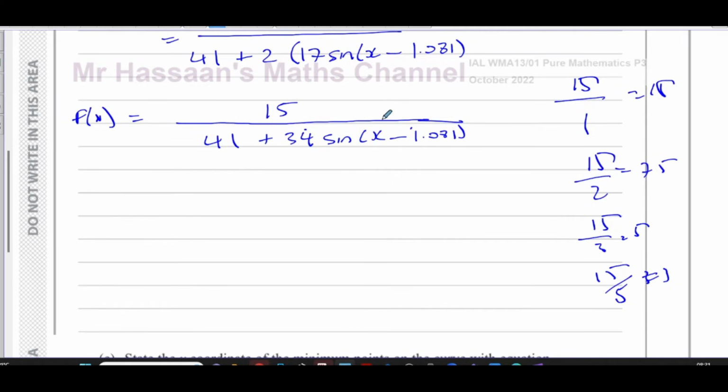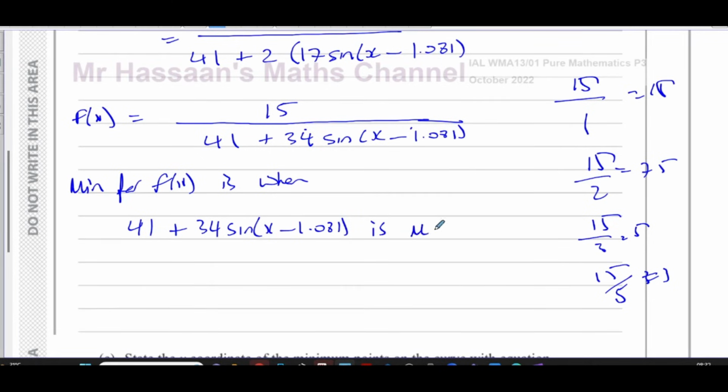So the minimum value of f of x is when 41 plus 34 times the sine of x minus 1.081 is maximum. When you get the biggest possible denominator, you get the smallest value of the whole fraction. 15 is fixed. This can change because this changes depending on what x is.